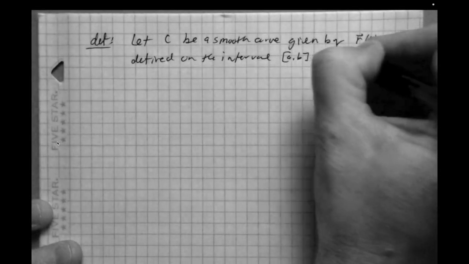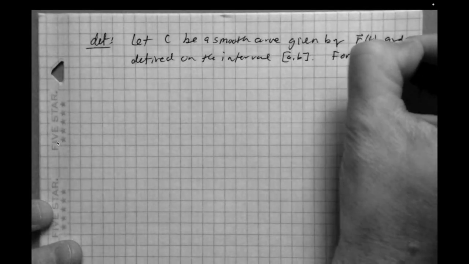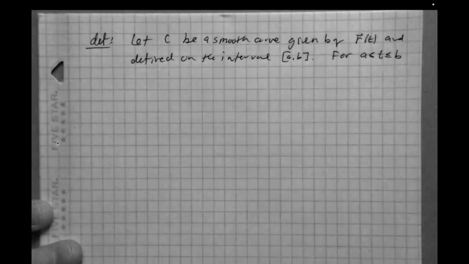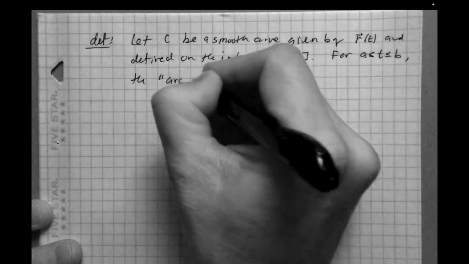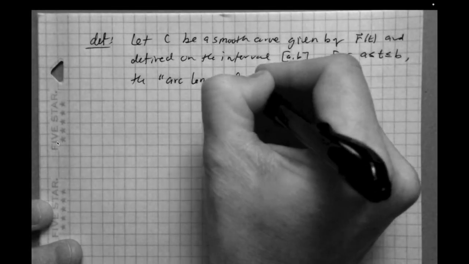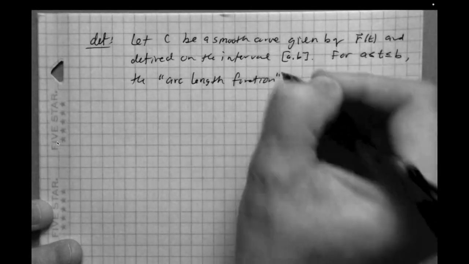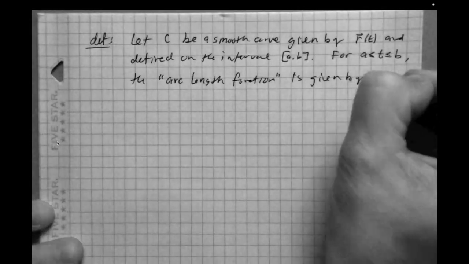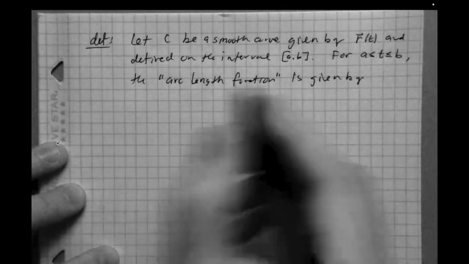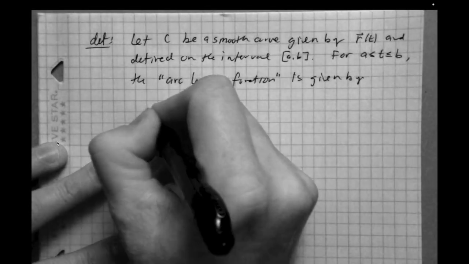Now, for a less than or equal to t less than or equal to b, the arc length function is given by, okay, what's it given by? Well, it's given by the thing we just discussed.